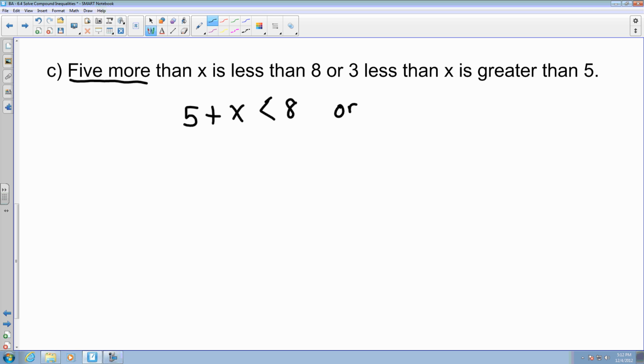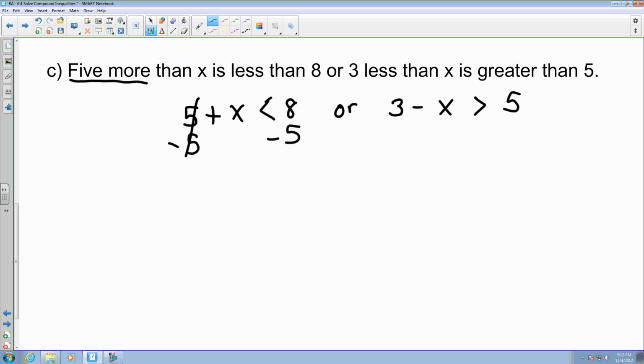3 less than x, so it's going to be 3 minus x is greater than 5. So since I was able to decode the story problem, now I can solve the inequalities.